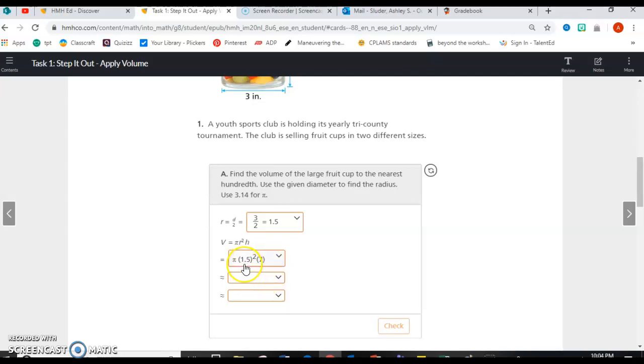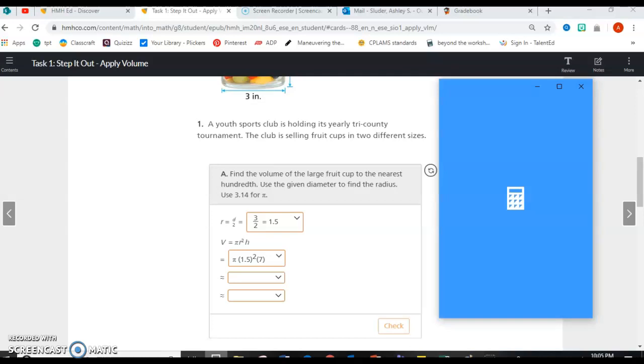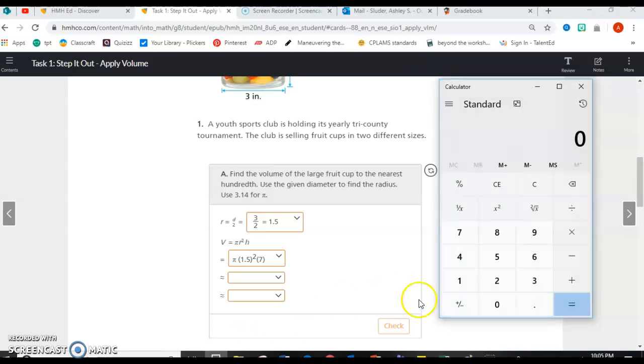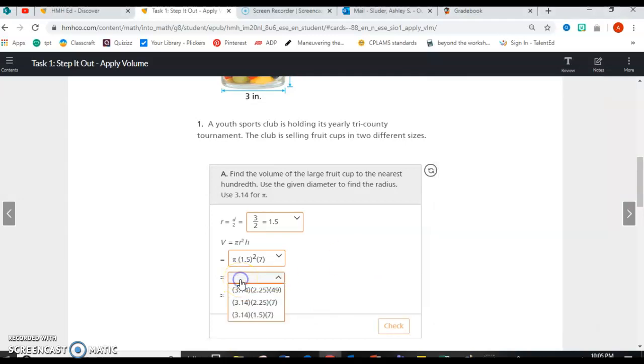Next step, I want to figure out what is 1.5 squared. If I enter into my calculator 1.5 times 1.5, or 1.5 squared, it gives me 2.25. So now I have pi times 2.25 times the height, 7.